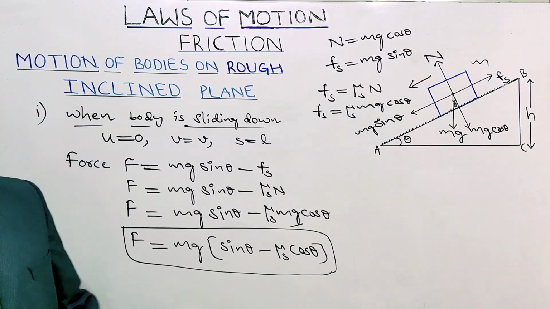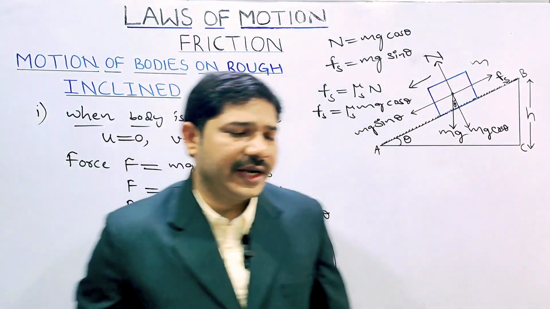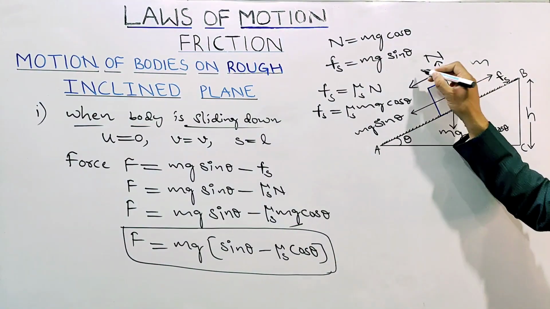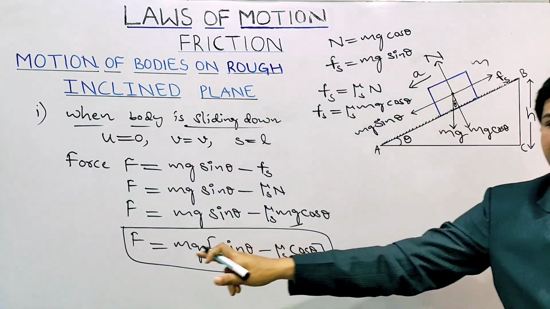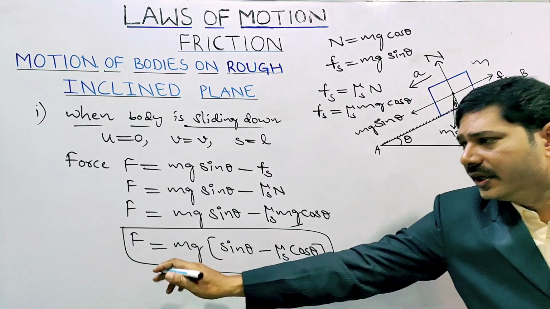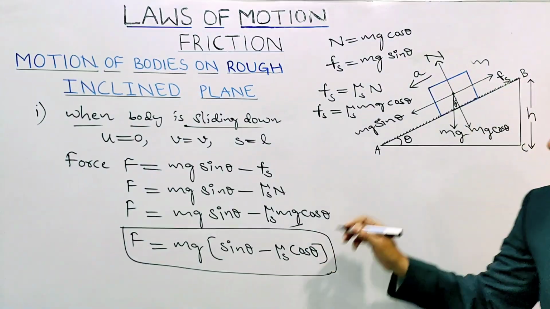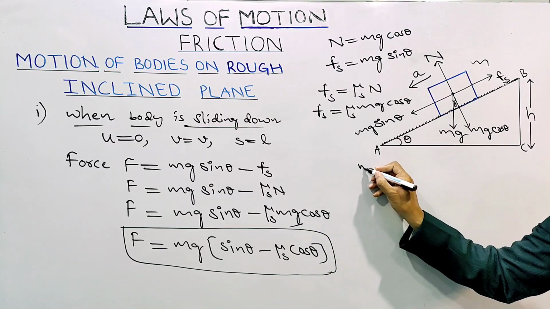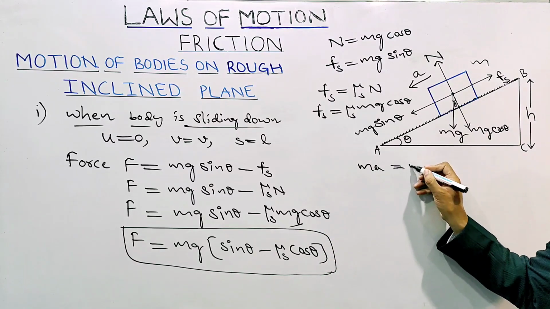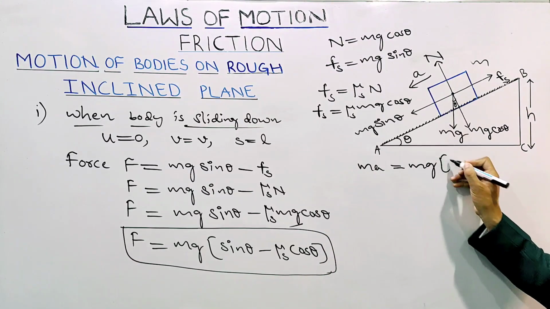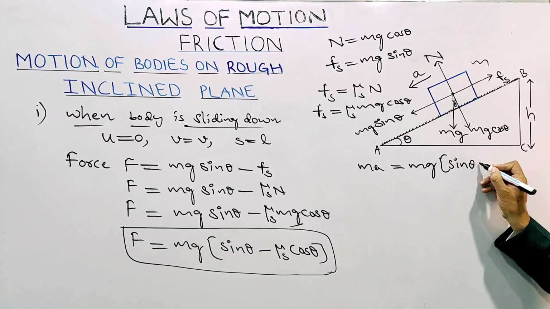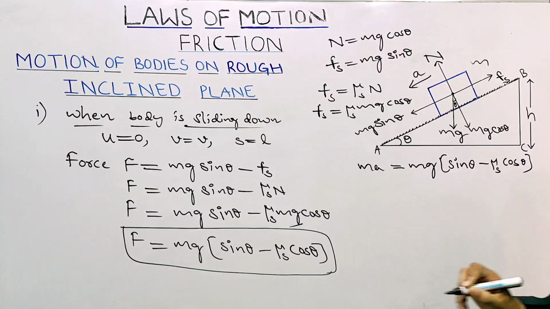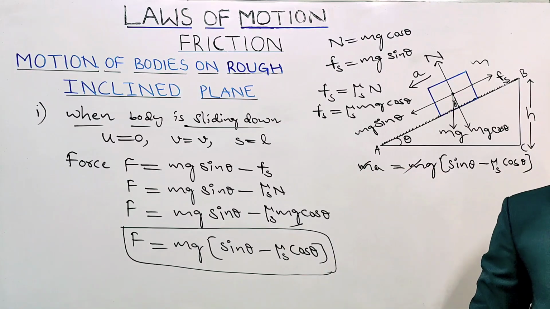What will be the acceleration when the body is sliding down? Resultant force I am writing as ma. So m gets cancelled. I am writing ma equal to mg into sin theta minus mu cos theta, and m gets cancelled.